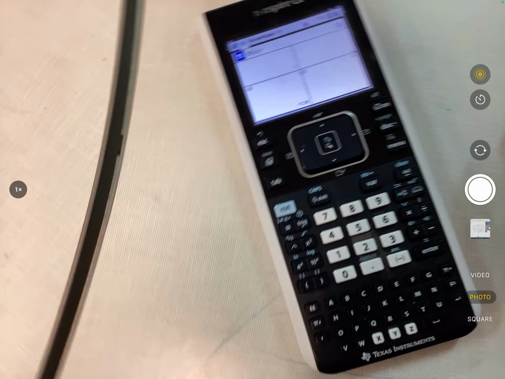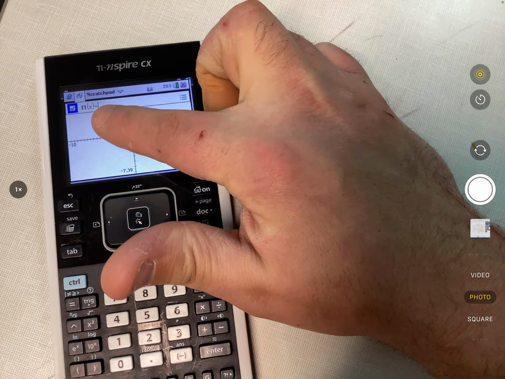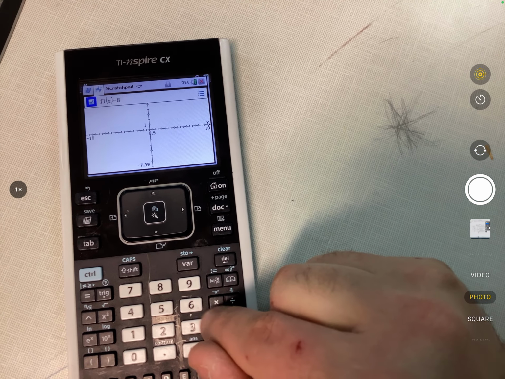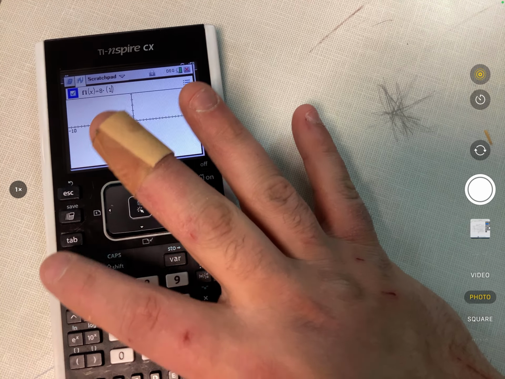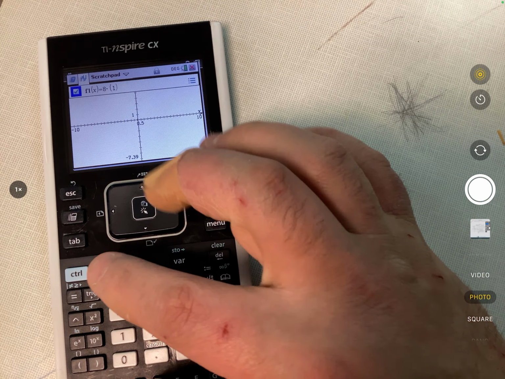The equation here is going to be y equals F1 of x equals, can stay like that, 8 times, open parentheses, half, 1, delete, because I don't want that parentheses there.